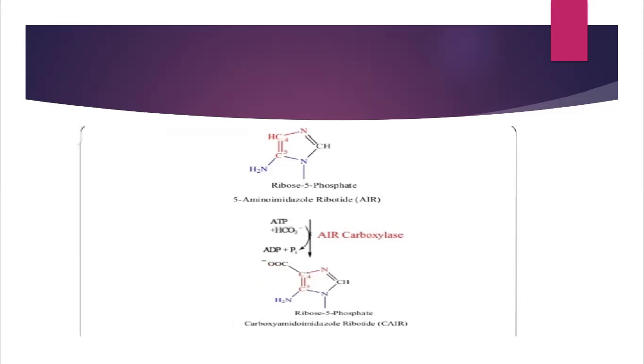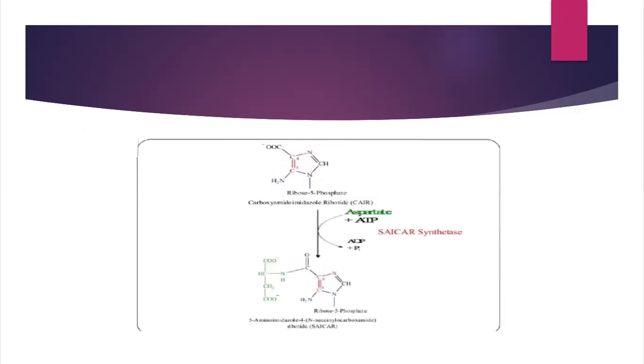Then the AIR is converted into carboxyaminoimidazole ribotide, CAIR, with the help of an enzyme called AIR carboxylase. Here the ATP and bicarbonate molecules are converted into ADP and Pi. Then the CAIR molecule is converted into 5-aminoimidazole 4-succinocarboxamide ribotide, SAICAR, its short form, with the help of an enzyme called SAICAR synthetase. Here the aspartate is converted and ATP is converted into ADP.